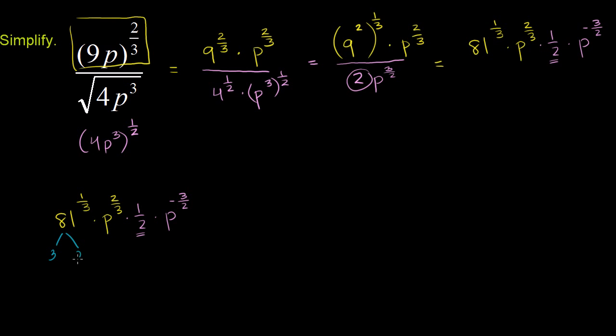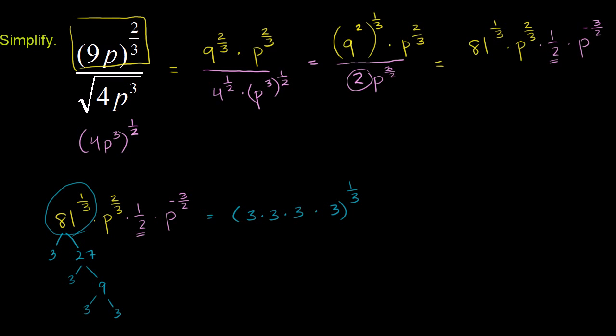It's 3 times 27, which is 3 times 9, which is 3 times 3. So 81 is 3 to the 4th power. We could rewrite 81 to the 1/3 as 3 times 3 times 3, times 3 to the 1/3.